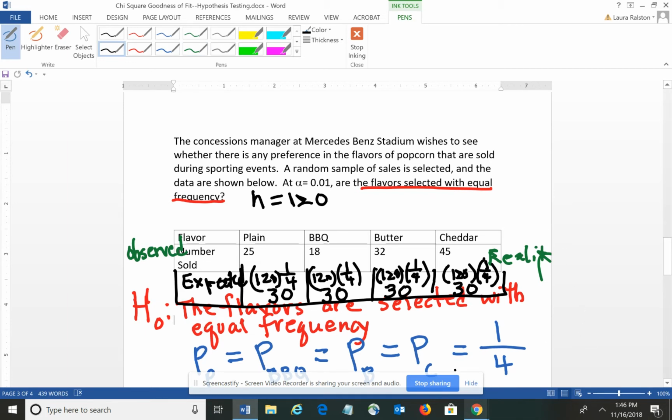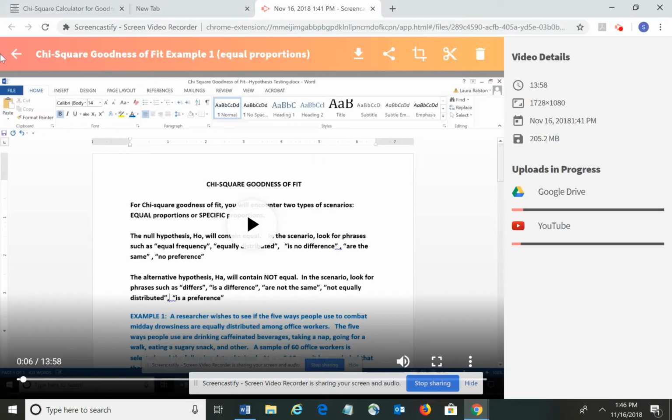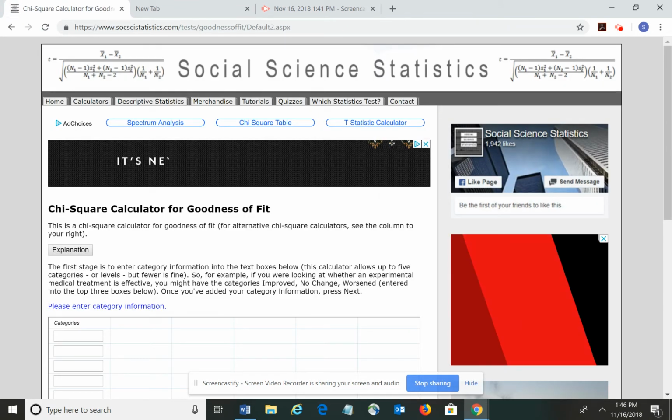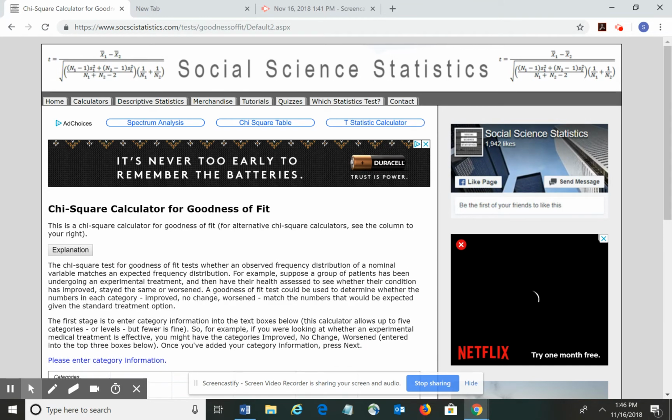Then we're going to go out to the website and enter this information. Okay, so we have plain, barbecue, butter, and cheddar.